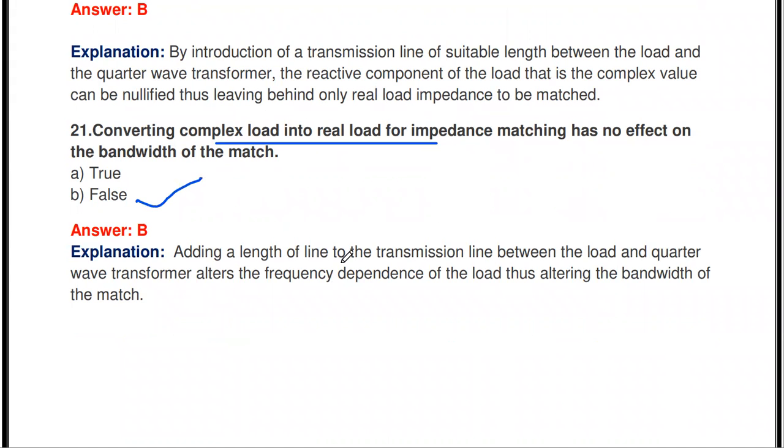Adding a length of line between the load and quarter wave transformer alters the frequency dependence of the load, thus altering the bandwidth of the match. So the bandwidth is also changing. If you are converting complex load to real load for impedance matching, it will affect the bandwidth. So the statement is false.